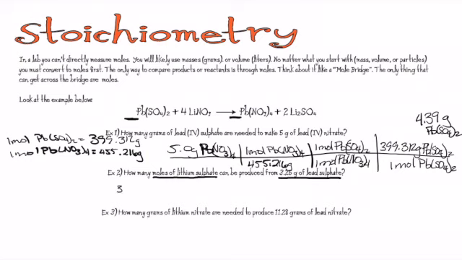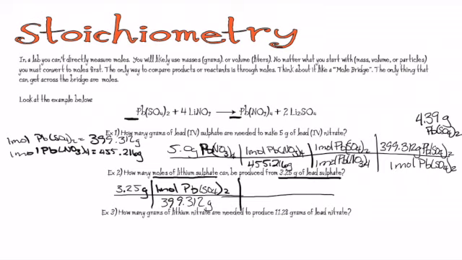So we have 3.25 grams of lead sulfate. So our first step is always to get to moles. So 1 mole of lead sulfate is 399.312 grams.